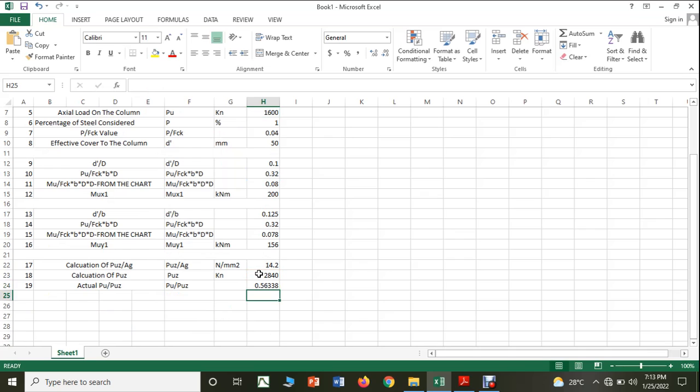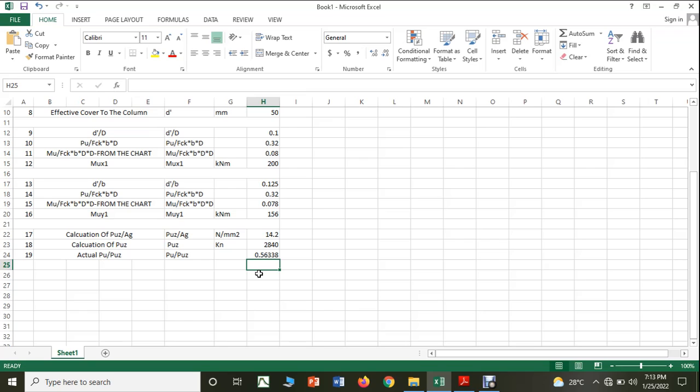So that will be 0.56388. Correspondingly, now I am supposed to find out Mux by Mux1 value. Again, no unit.